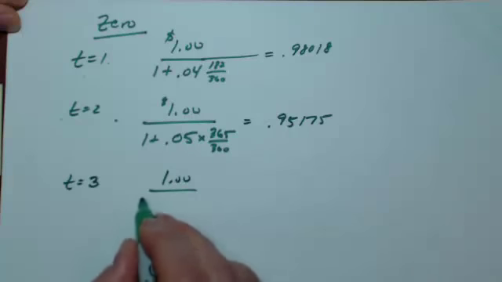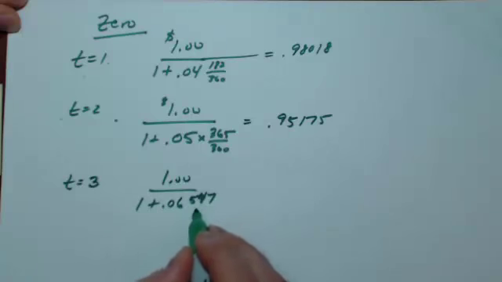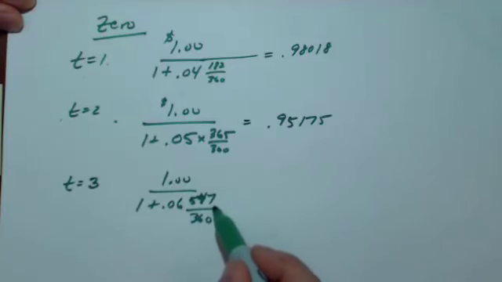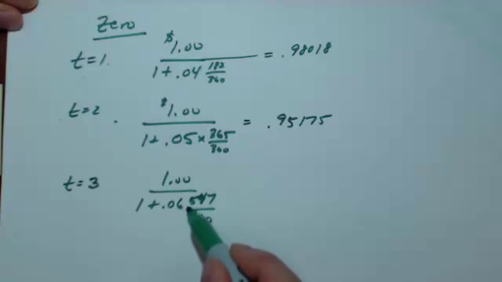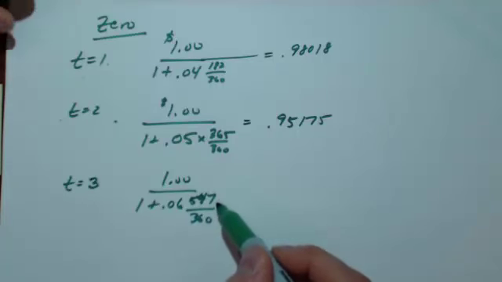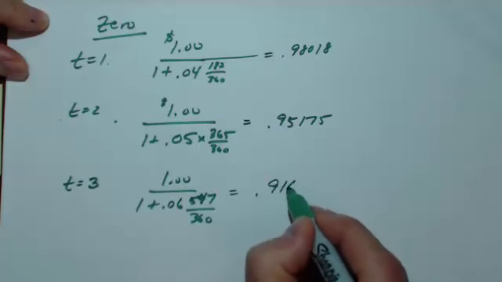Follow the same. So this is 547 if you can't read it. That's 6% times 547 days divided by 360. The 547 is in the table that I was building. This equals 0.91645.